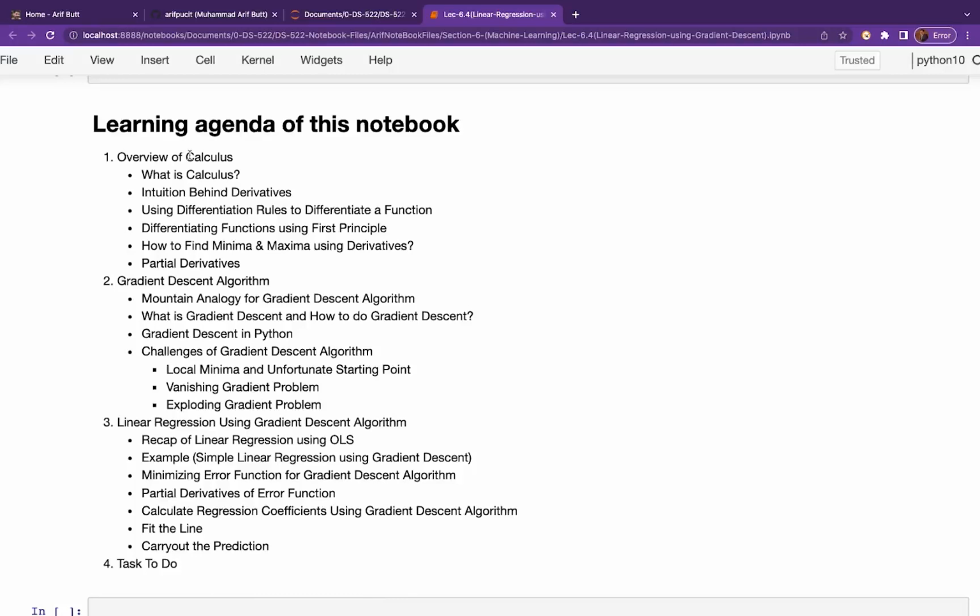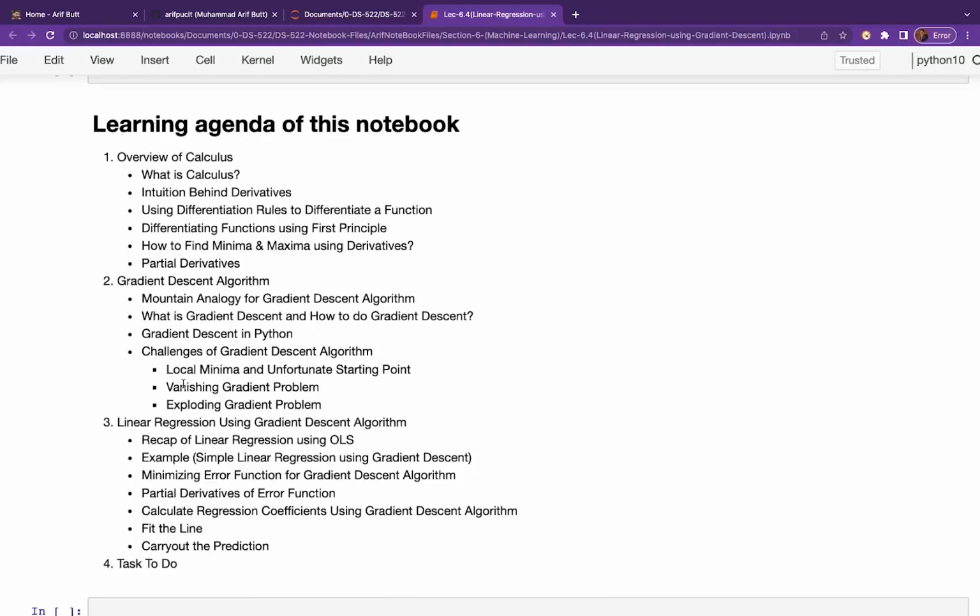In order to set the stage right, we will spend some time to revise some basic calculus concepts which are a must to know before digging out details of gradient descent algorithm. Then we will understand the algorithm theoretically before we apply it to find the local minimum of a differentiable function using Python code.